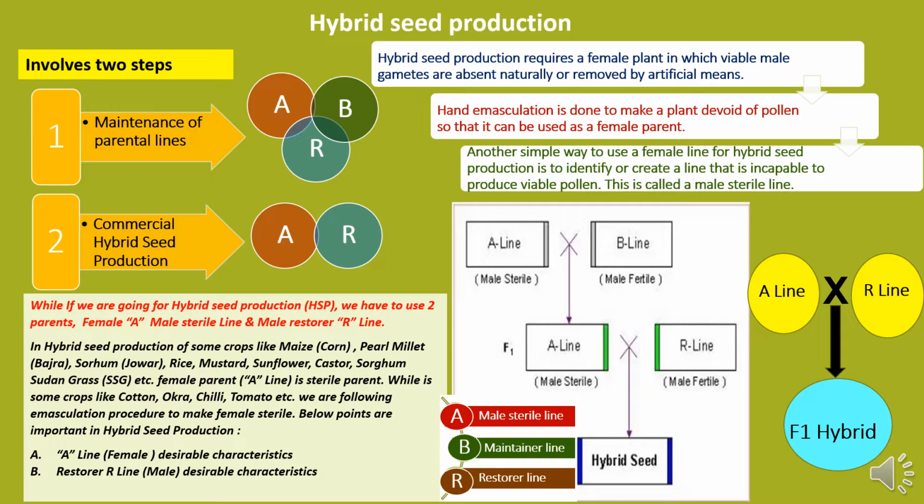If we use A line and B line, it will result in multiplication of A line, which is the male sterile line, and again this male sterile A line is crossed with R line, the restorer line, which will generate the hybrid seeds. A line is used as a male sterile line, B line is a maintainer line, and R line is a restorer line, and each line's definition, requirements and characteristics will be discussed in detail.